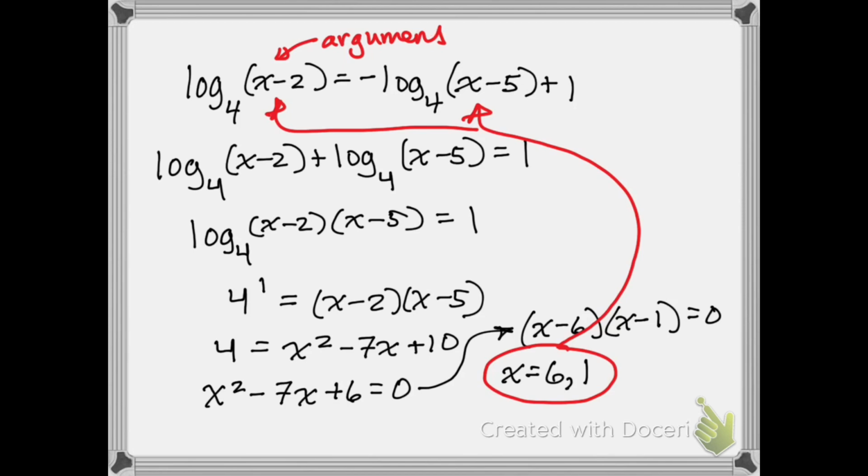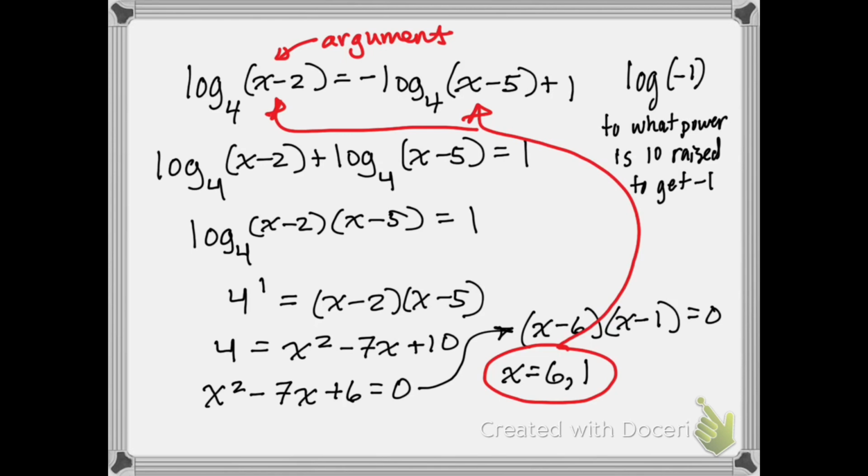Let's just look at the most basic case here. What's the log of negative 1? That's saying to what power is 10 raised to get negative 1? Can you think about that for a moment?